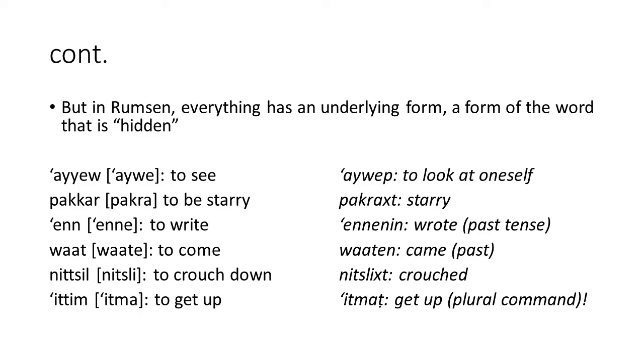Wate becomes waten, which means like they came or something. Nitsli becomes nitslicht, crouched, and itma becomes itmak, to get up. So you will never see things like ayyew, pakra, enne, wate, nitsli, or itma by itself in the language ever, because these are hidden. But if you add certain affixes, it changes.